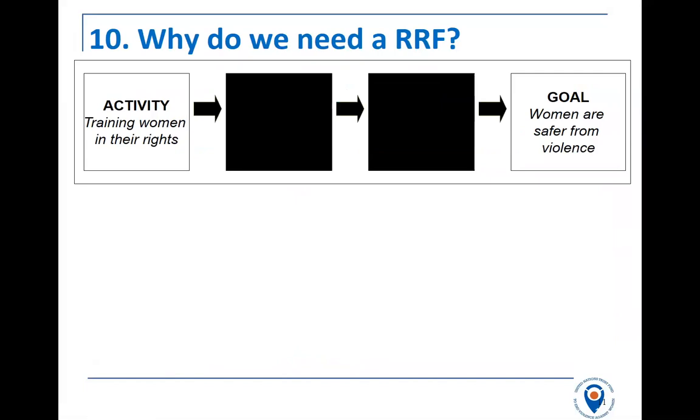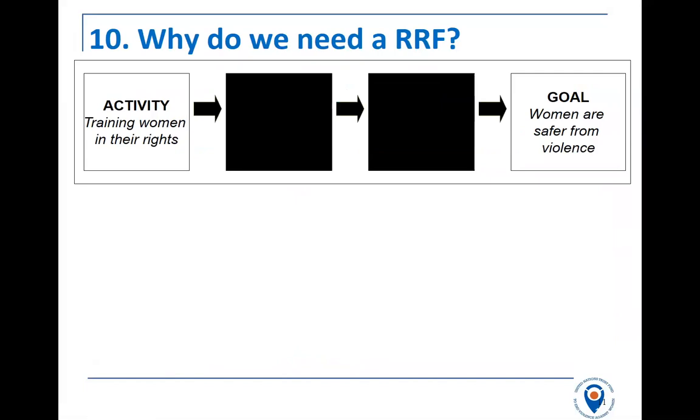So in this example on the page, if you were only talking about your activities and saying, oh yeah, I'm going to train some women, and suddenly women are safer from violence, you would have this blind spot, this blank space. I think, well, how did that happen? If women do seem to be safer from violence, you won't know why. Was it really just the training?